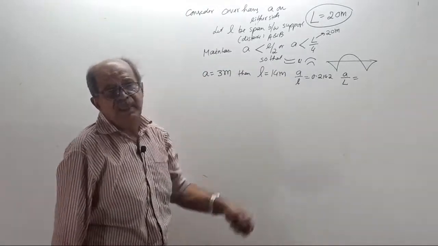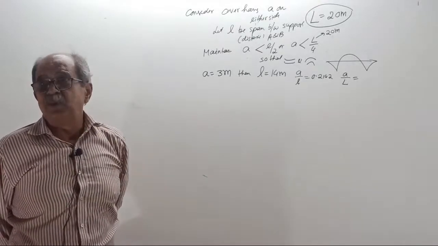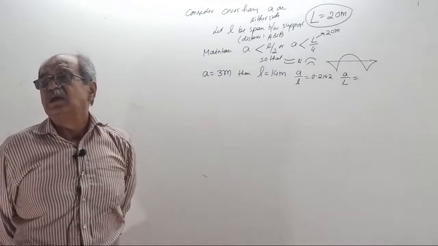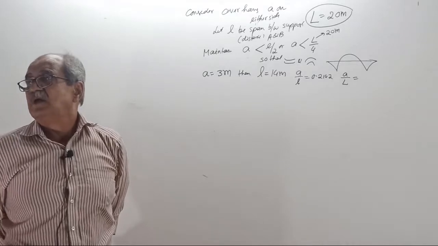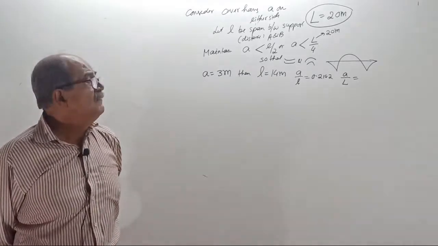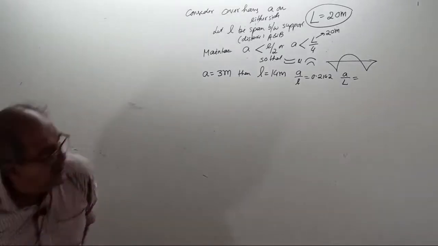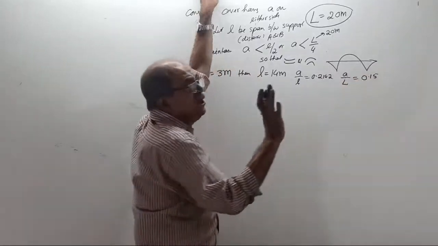A by capital L. A by supported span should be less than 0.25. A by full span should be less than 0.25. I will tell you a little later what is the meaning of this ratio.